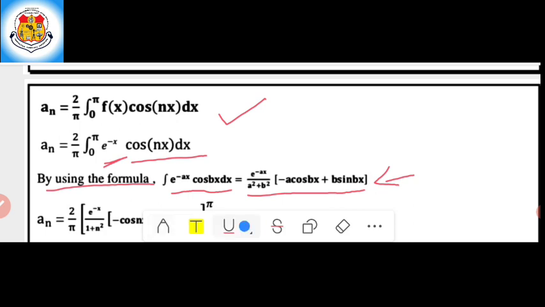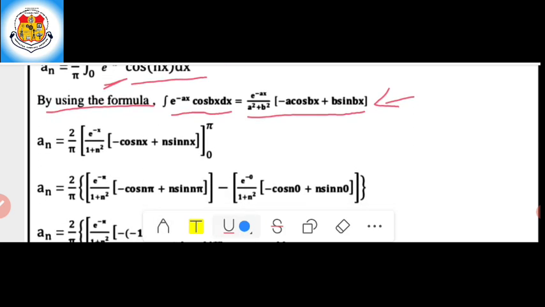So the integral of the function e raised to minus x cos nx dx is e raised to minus x, 1 upon 1 plus n square, in bracket minus cos nx plus n sin nx.